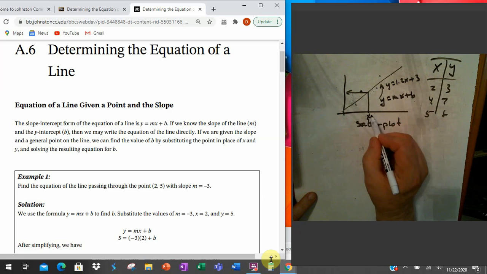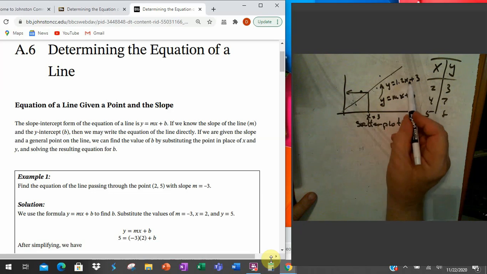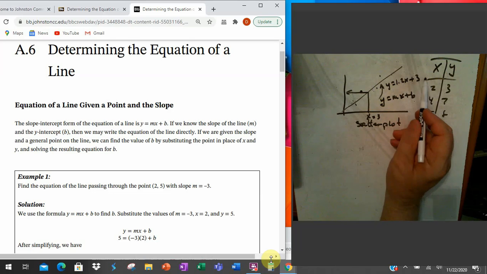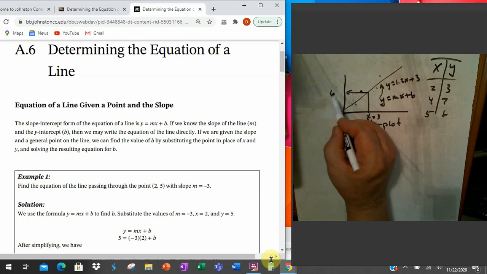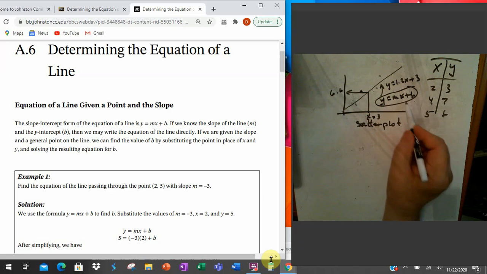Then I just take whatever x that was. Let's say 3. I don't have a 3 here, and then I just multiply 3 times 1.2. And then I would get a 3.6 plus 3, so that would be 6.6. Okay, so that's the modeling application that we're doing, and we're just going to continue and look at this.